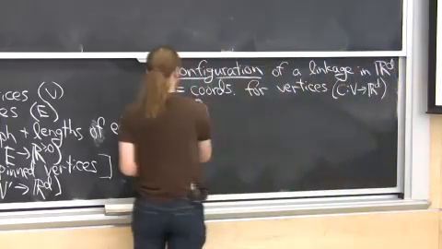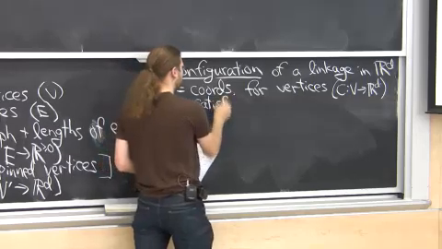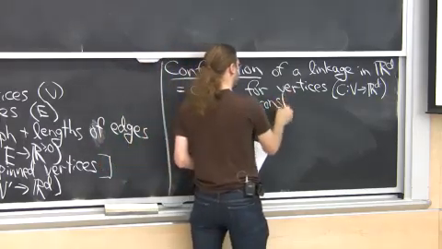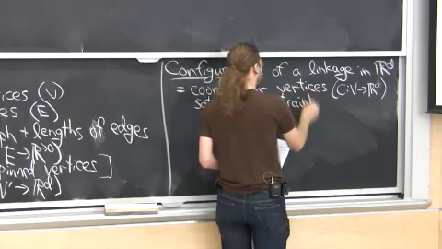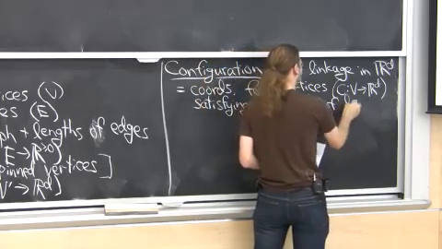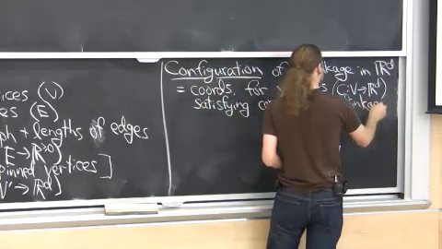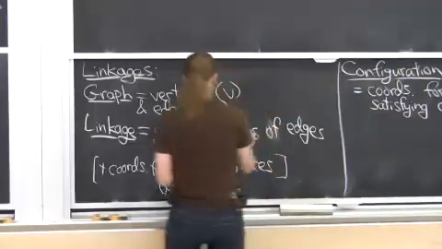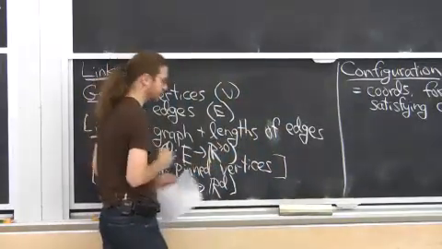And you have to satisfy a bunch of constraints. And the constraints are given by the linkage. So you've got the lengths and you've got the pinning.